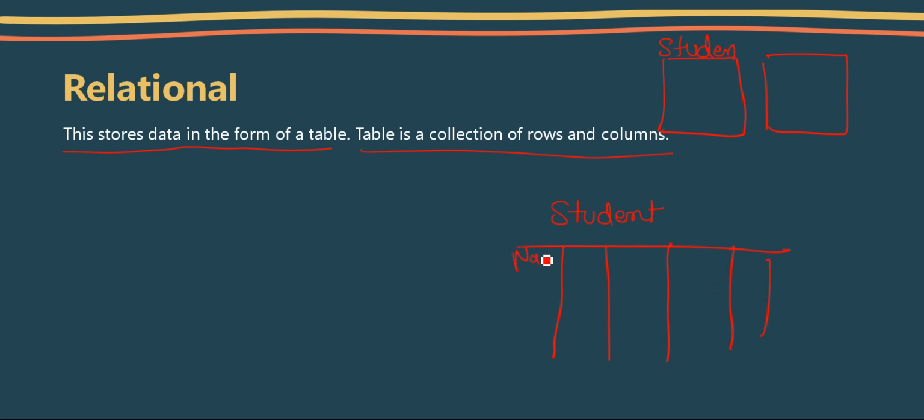Let's say I want to store name, so I will create name column. I want to store age, then age column, something like this. And different students, let's say I am going to enroll for this school, so one row will be dedicated for me, another row will be dedicated for a different student, right? So rows will be created for different students and columns will be the same for all students.